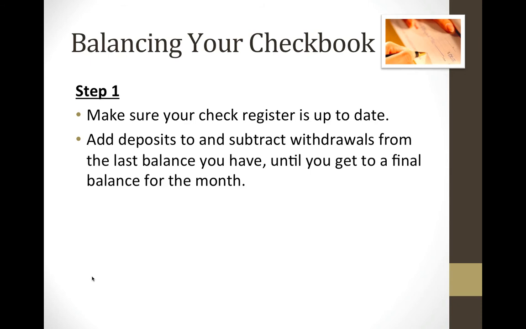Anytime you write a check or go to the ATM or make a debit card purchase, you should subtract that amount from your balance. If you deposit a check, you should add that money back in to your balance. In theory, you would have a final balance for the month in your check register. But if you haven't, you need to make sure you bring the check register up to date. Okay, so we're going to do that right now.